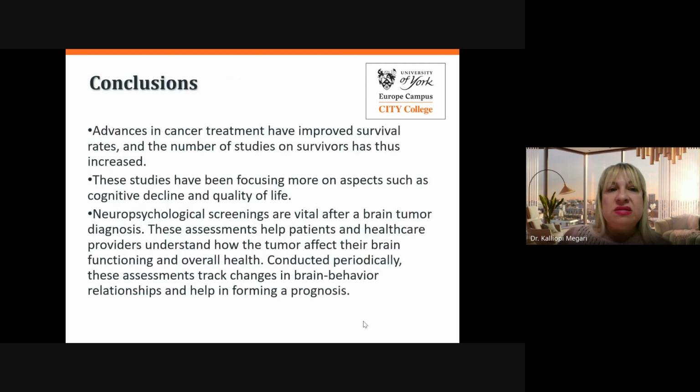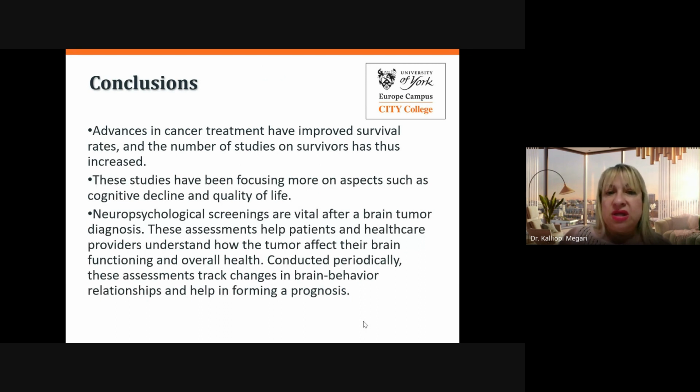And advances in cancer treatment have improved survival rates, and the number of studies on survival has thus increased. These studies have been focusing more on aspects such as cognitive decline and quality of life.